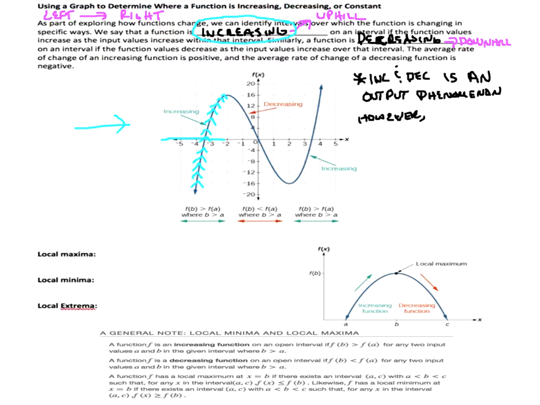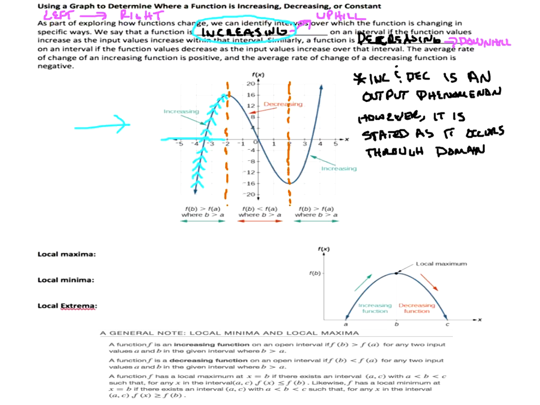However, it is stated as it occurs through the domain. So I kind of have a barrier where I change from increasing to decreasing, and I'm just going to put those barriers there for this particular function.